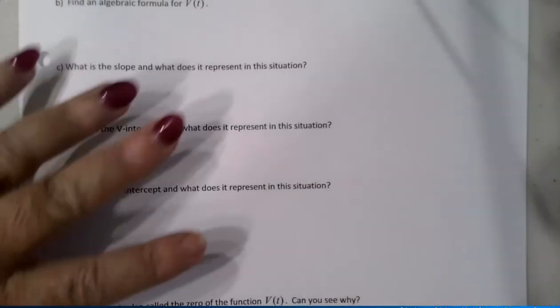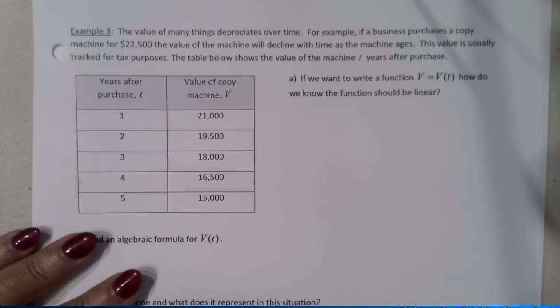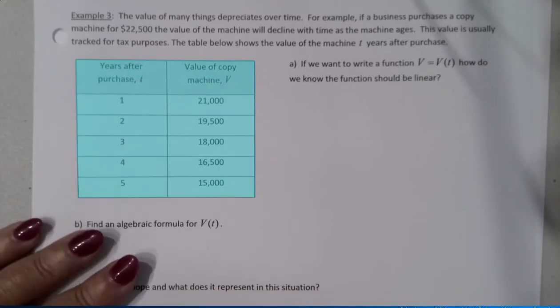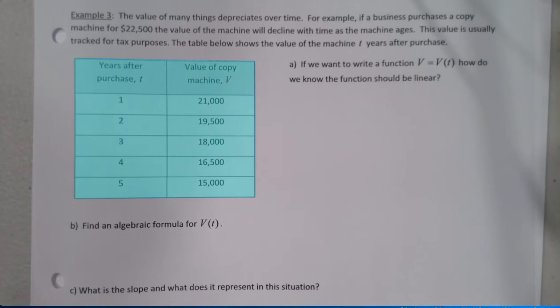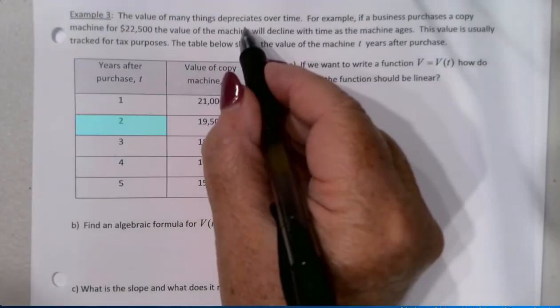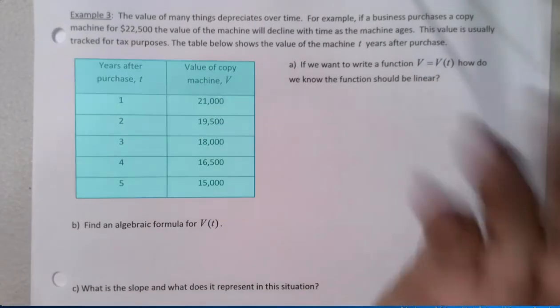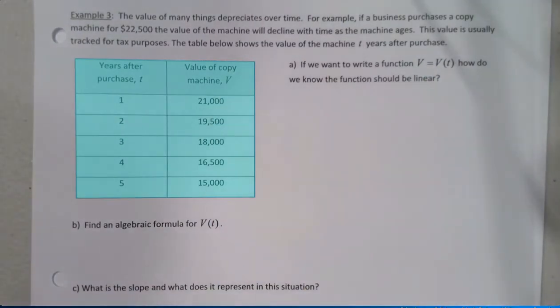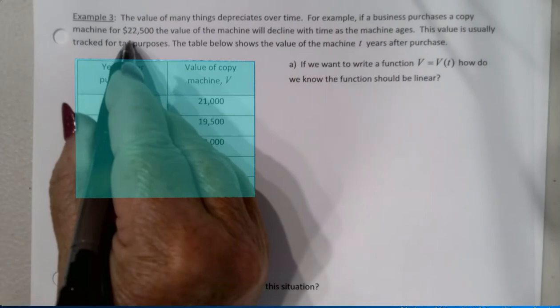All right, let's put that in context for an example or two. So we're always going to look at some applications when we learn stuff. So in example 3, the value of many things depreciates or goes down over time. For example, suppose a business purchases a copy machine for $22,500.